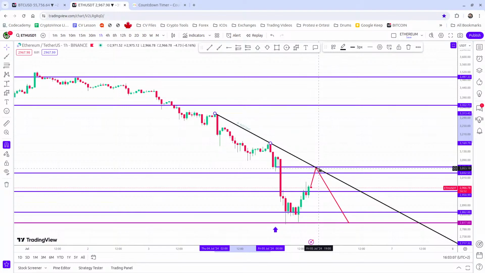It's very hard to catch the bottom, guys. That's something I don't do because it's very difficult. Again, I trade with the trend. That's the easier part, but catching a reversal before it happens is not that easy at all.